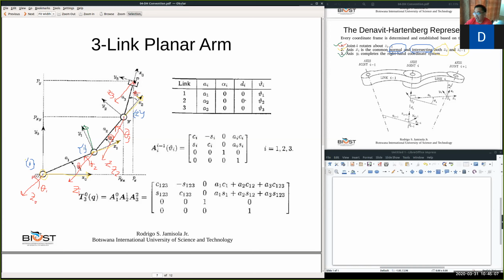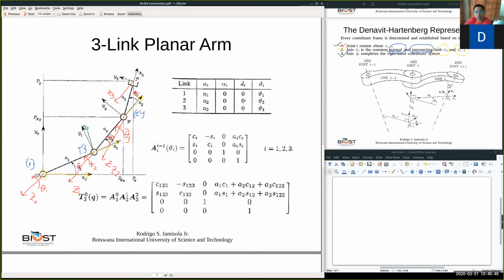So again, x must pass through and intersect the Z3 axis and be perpendicular to the Z3 axis, as well as perpendicular to Z2 axis and pass through the origin of the Z2 reference frame. So now we can say that X3 can be here because X3 satisfies that condition.